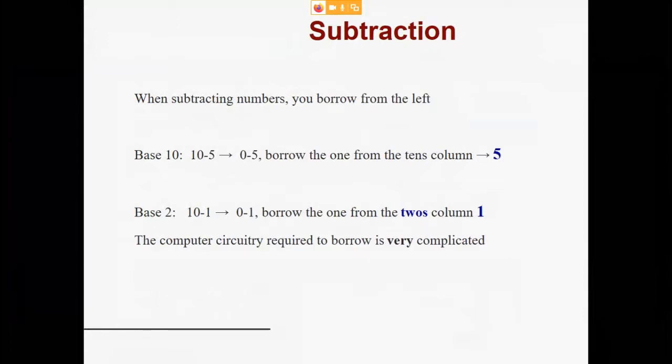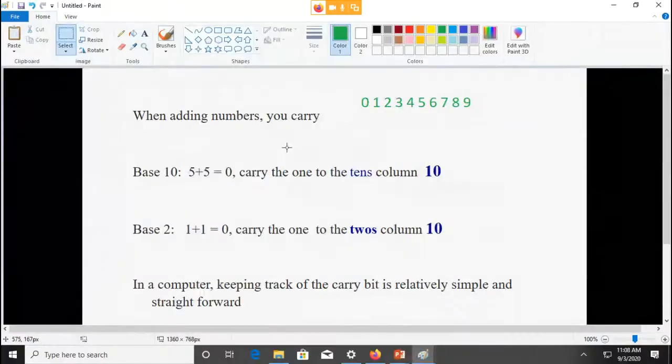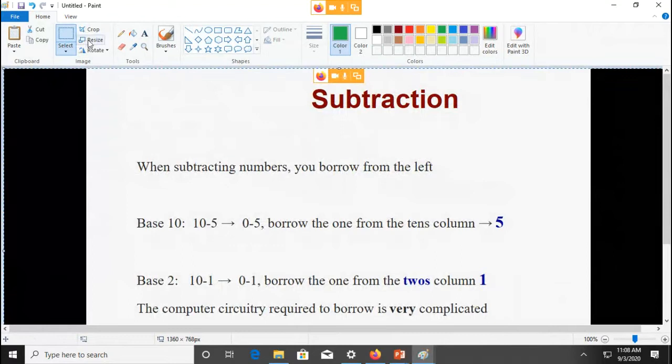However, what happens when you try to do subtraction? If you had, let's say, the number 10 in binary, and we're going to try to subtract 5 from that, then we can borrow, right?